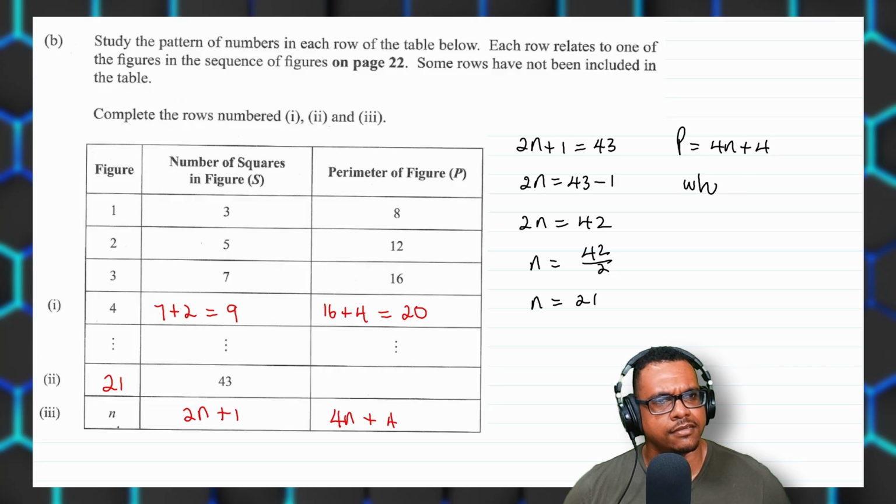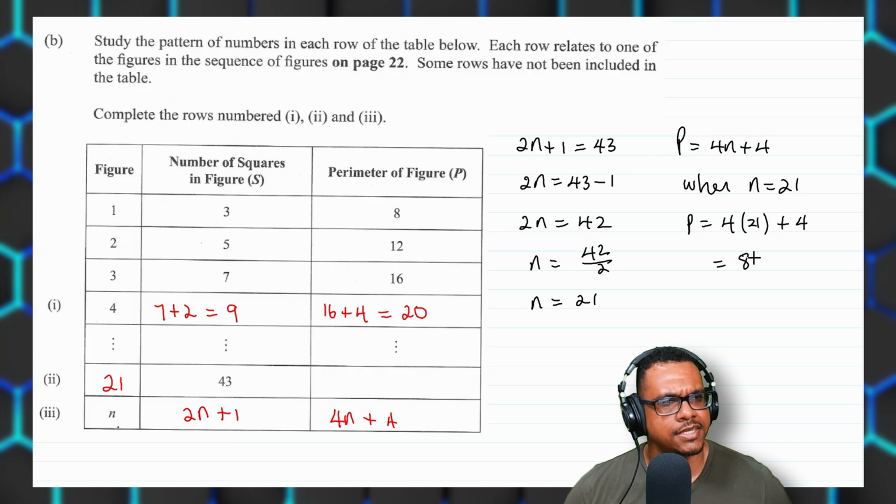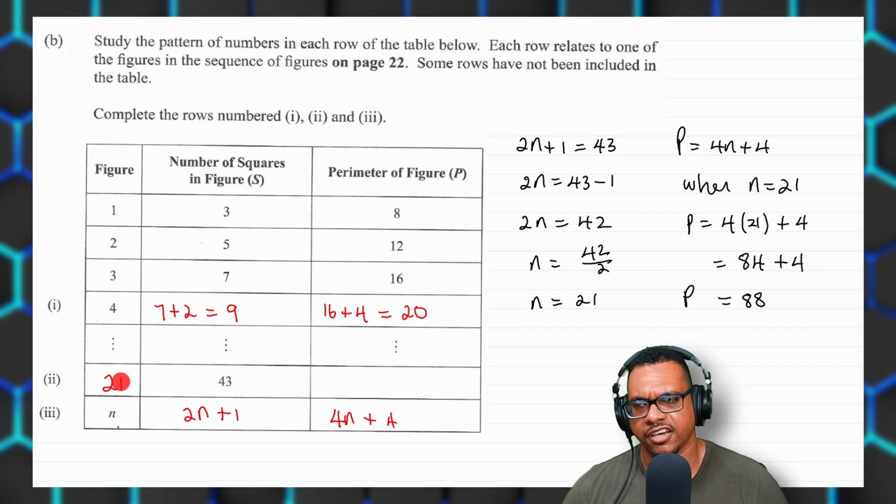And when the figure number is 21, so when n is 21, we're going to have P is equal to 4 times n, which is 21, plus 4. So 4 times 21 is 84, plus 4, which is 88. So my perimeter is 88 when my figure number is 21. So we get 88 here. And that's it. We have completed the table.